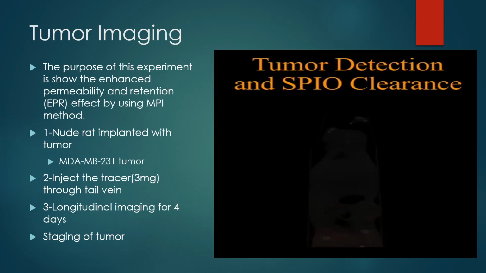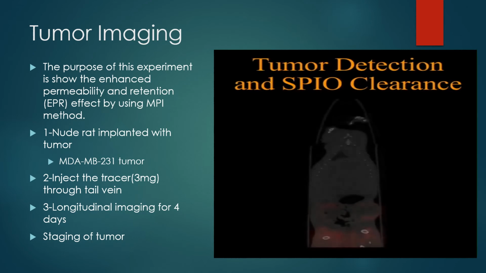This is the Connolly experiment about tumor imaging. At first, they implanted the tumor in a nude rat, and then they injected about 3 milligrams of tracer through the tail vein, and then they imaged the rat for about 4 days.